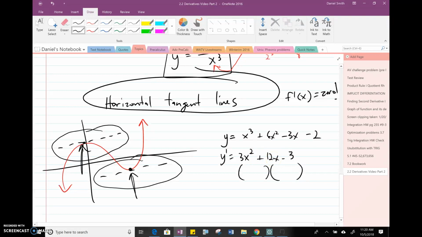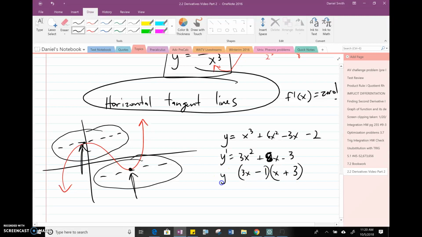Pretend like this was an 8. Pretending, okay? So what we would do then is we would say, okay, 3x and x, 3 and 1.